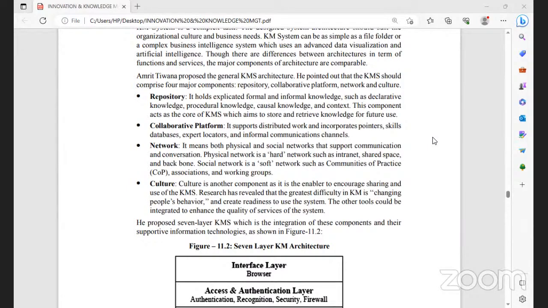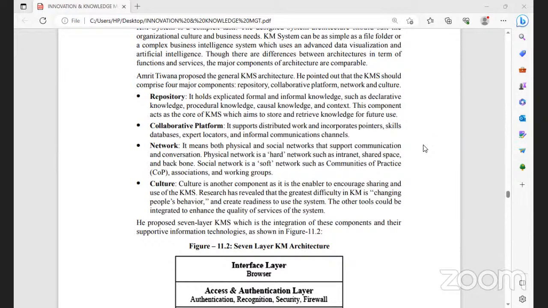And third one is network mechanism. What does it consist of? It means both physical and social networks that support communication and conversation. Physical network is a hard network such as intranet, shared space, and backbone. Social network is a soft network such as communities of practice, associations, and working groups.